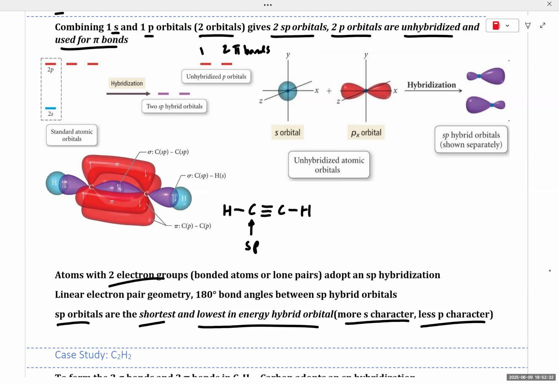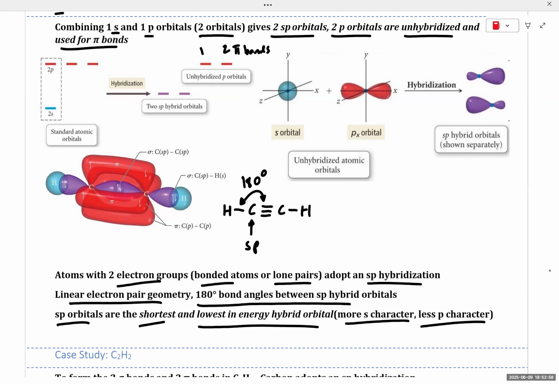Atoms with two electron groups, be it bonded atoms or lone pairs, adopt an sp hybridization. This corresponds to a linear electron pair geometry and 180-degree bond angles. So if we have a carbon that's sp hybridized, we'd be looking at a bond angle of 180 degrees.